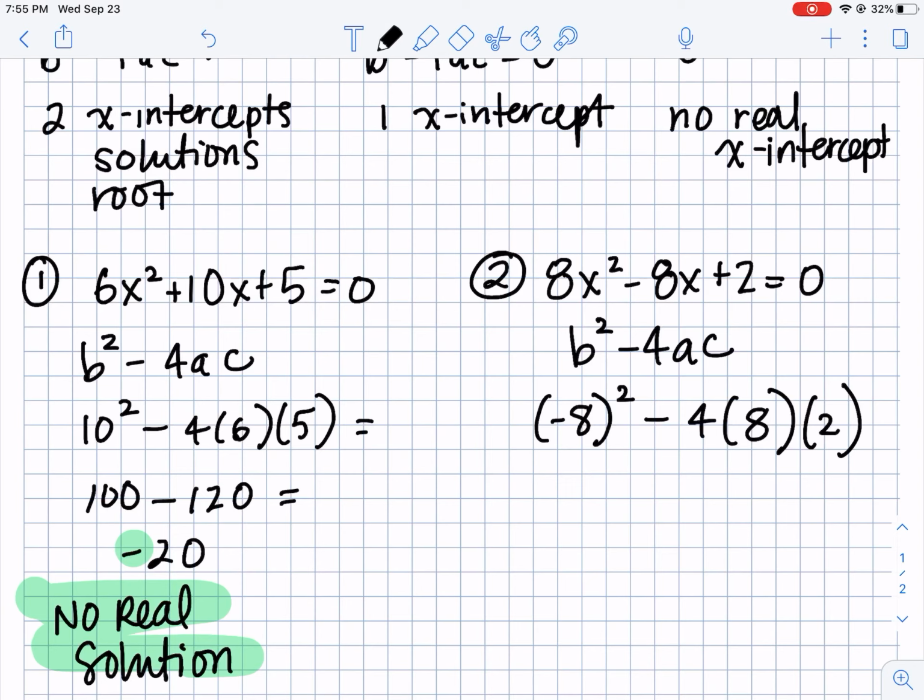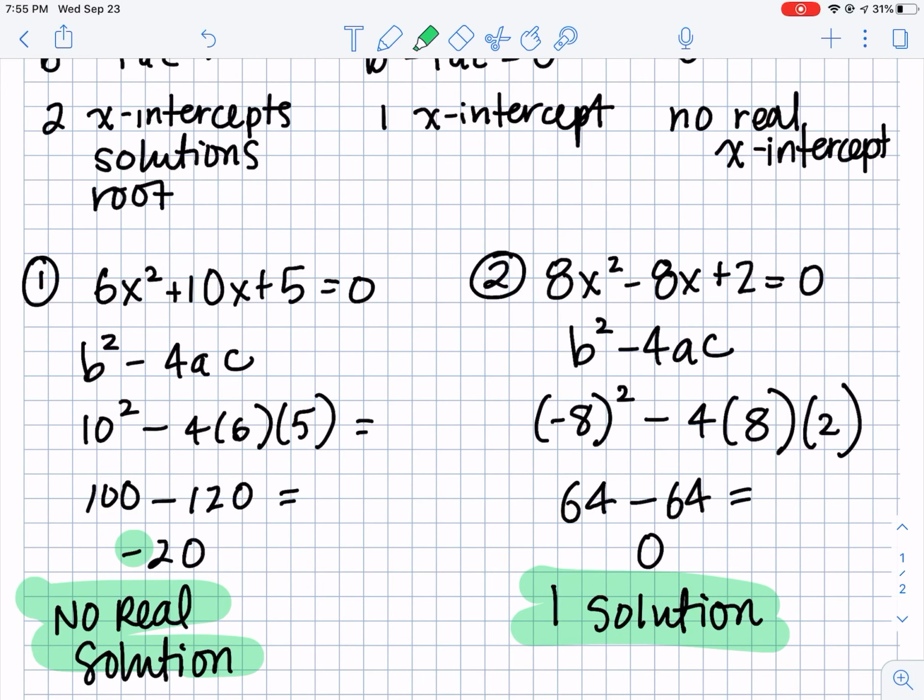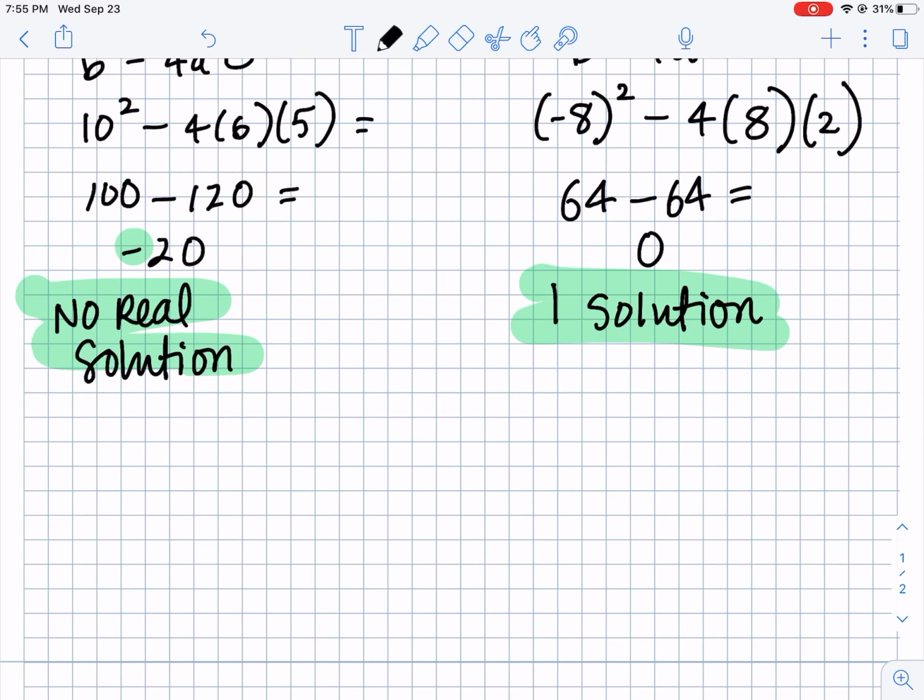That's the only thing we're finding out right now. Well, negative 8 squared is positive 64, minus 4 times 8 times 2, also 64. 64 minus 64 is 0, which tells us that there is only one solution. It is real. One solution. All right, and that solution happens to have a multiplicity of 2, but we'll learn more about that next chapter.